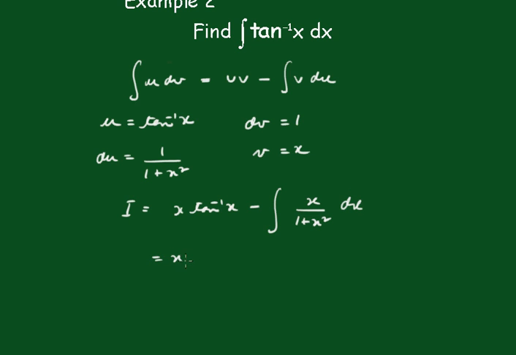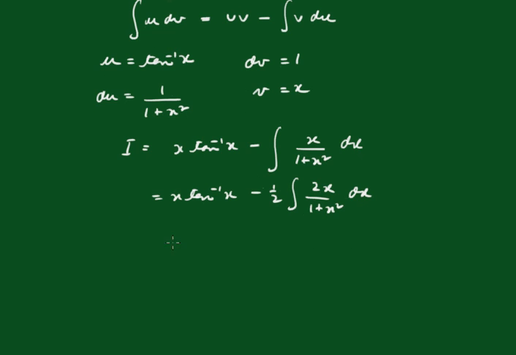And of course this becomes a half outside of 2x over 1 plus x squared dx, which gives the final result of x tan^-1 of x minus 1/2 log of 1 plus x squared plus a constant.